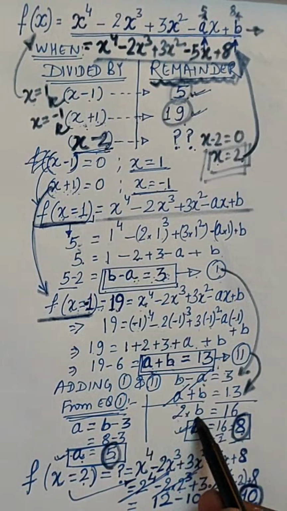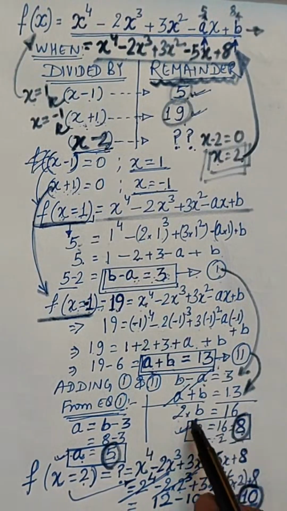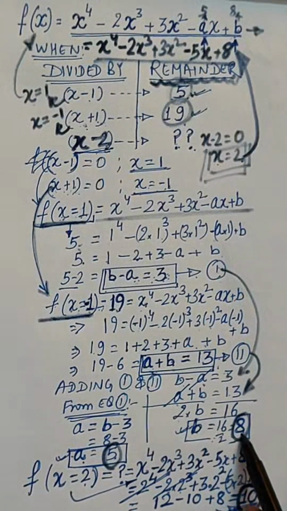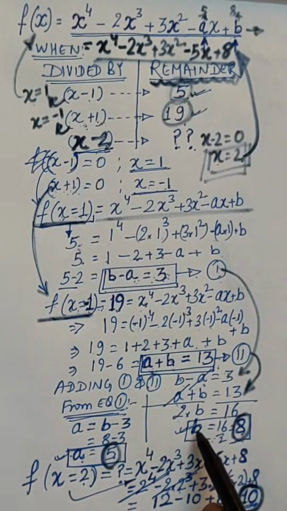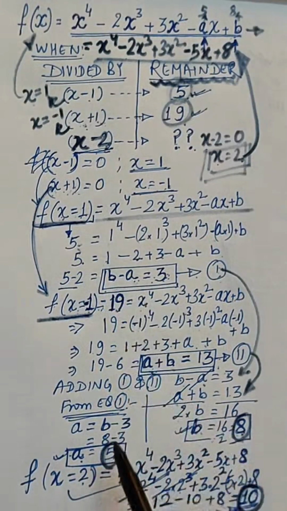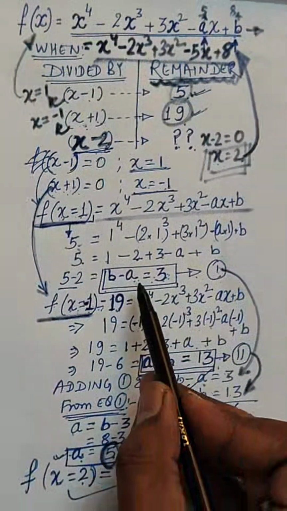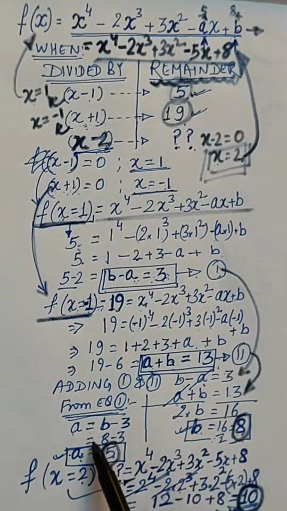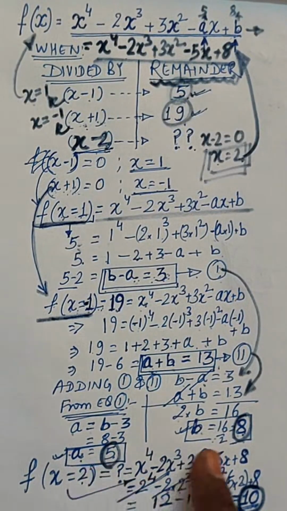That means 2 times b equal to 16. This will give you the value of b as 8. Now put b equal to 8 in equation number 1. This will give a equal to b minus 3. So from here we get the value of a, right? So we get the values of a and b.